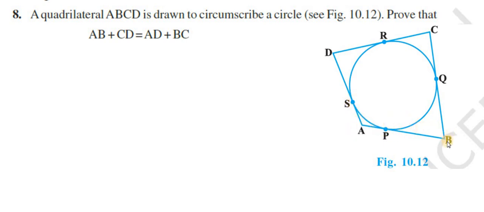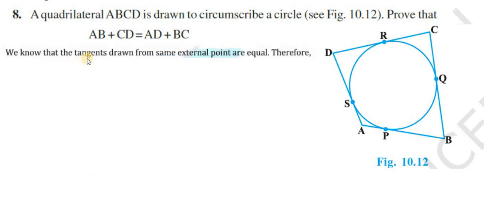And if B is an external point, BP is equal to BQ. Why? Because these are tangents. Here these are the external points, and we know that tangents drawn from the same external point are equal.